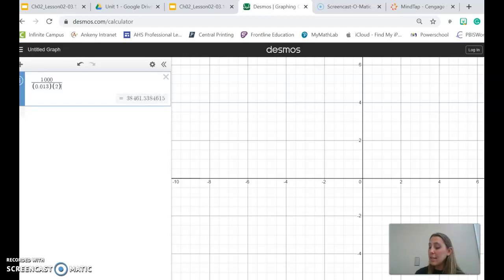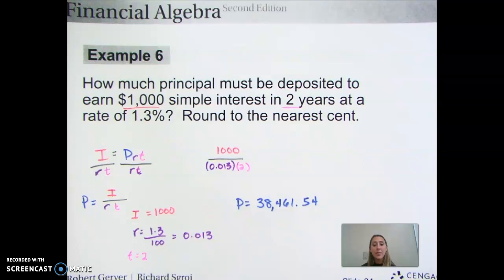And I get 38,461, so my principal is $38,461.54. The reason I did 54 cents is because, do you see that 8? That 8 tells me that I need to round up the number next to it. So now I have the principal.